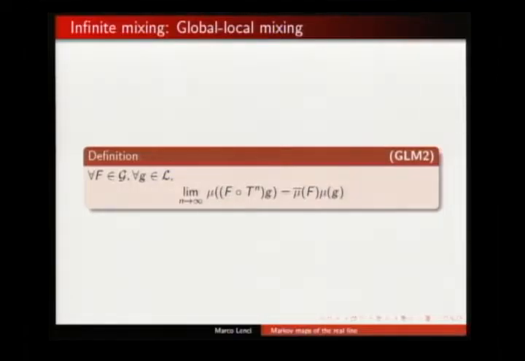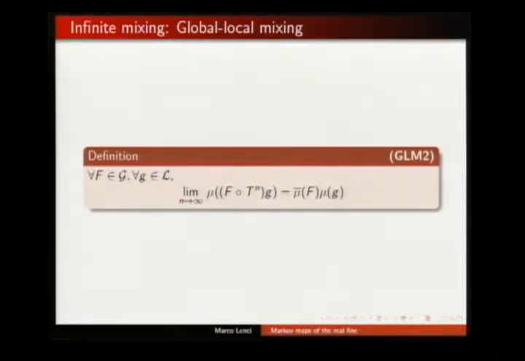So once you have global and local observables, one good way, especially to implement what I just told you, is to define a mixing which looks at the coupling between a global and a local observable. That's why this is called GLM, global local mixing. One good way is this: you evolve your global observable, then you multiply it by your local observable.